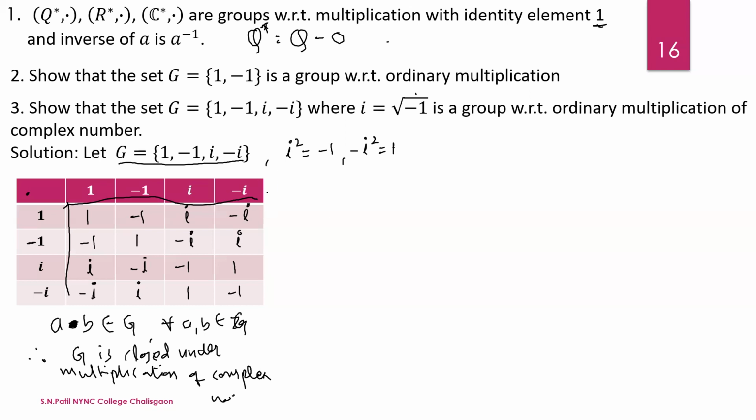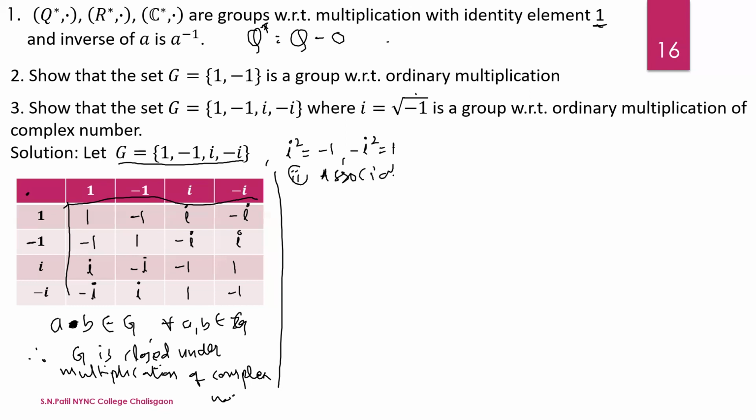Okay. Now next property, that is the associativity property. Now take any three elements. This is the second property, associativity.